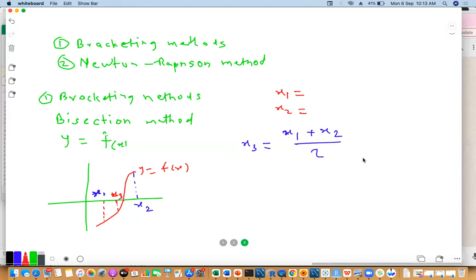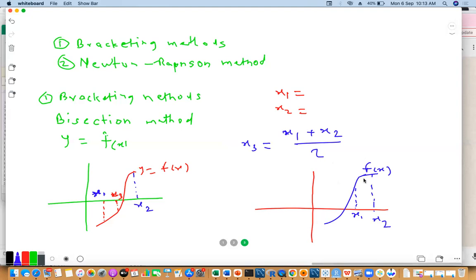But if we take this graph, let us say the same function f of x, but in the initial case we actually took these two values, x1 and x2.